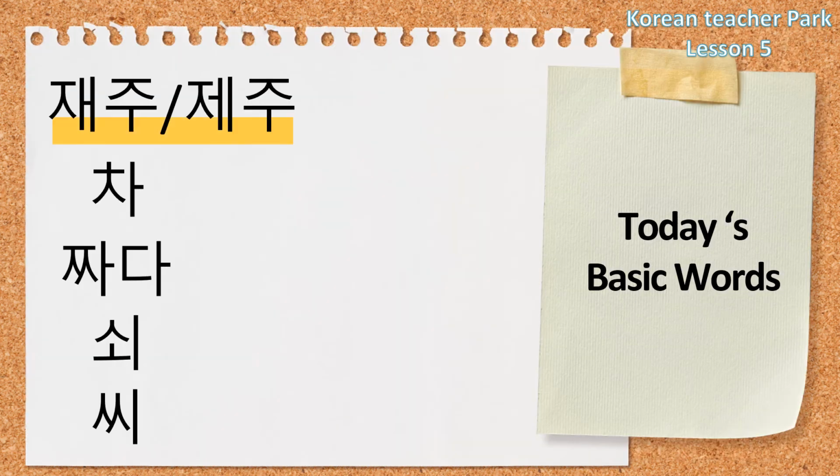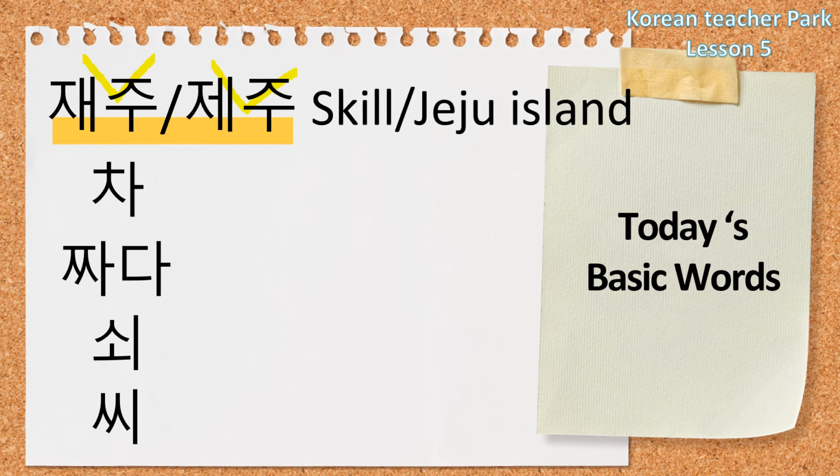Today's basic words. First, how to read? Yes, 제주. 제주, 제주. Also the same pronunciation, right? But it is a different Korean word using a different Korean alphabet. The first shape is like this, and the second is this.